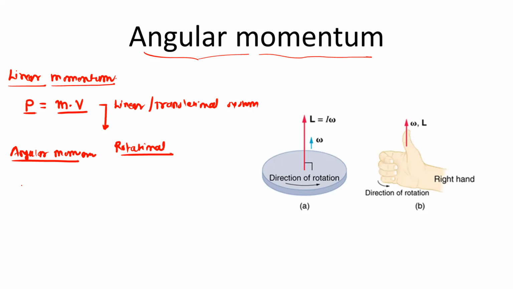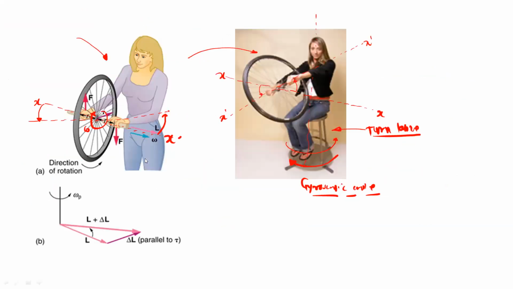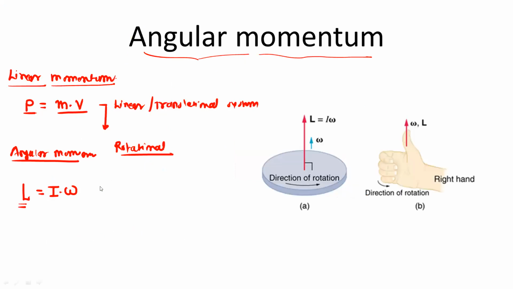Angular momentum is represented as L. So replace mass by the mass moment of inertia, which is the equivalent term in the rotational system, and linear velocity by the angular velocity. So this product I into omega is called the angular momentum. The gyroscopic couple is created in the system because of the change in the angular momentum.